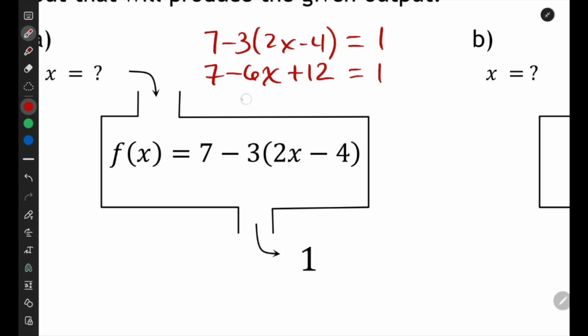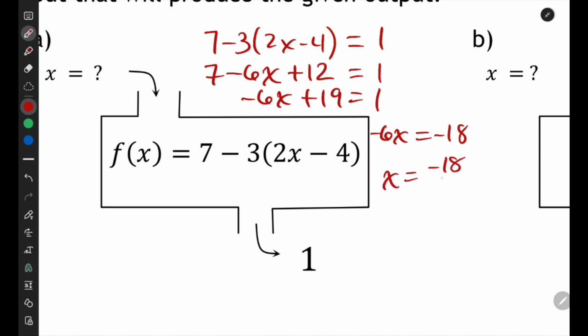So I've got -6 times x plus 19 is 1. If I take away 19 from both sides, I get negative 6x is -18. Okay. And if I divide both sides by -6, I get x is -18 over -6, which I believe is 3.